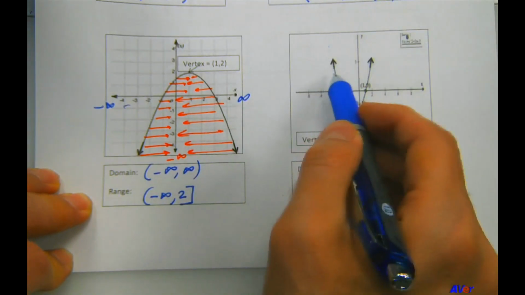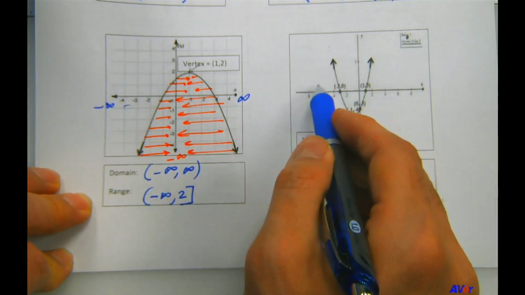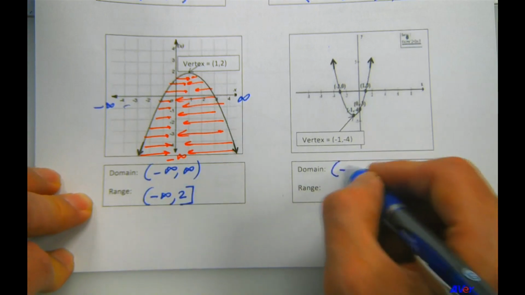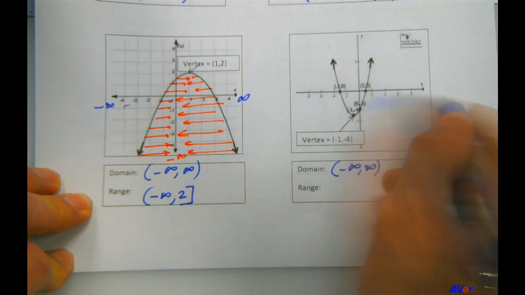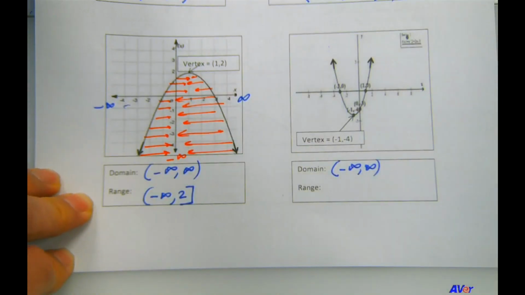And when it does that, there is no value of x that it cannot attain. So the domain is negative infinity to infinity on both sides. This line can go on and accept all those infinitely many values.